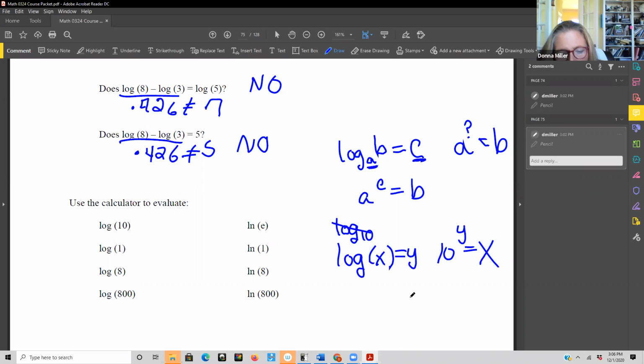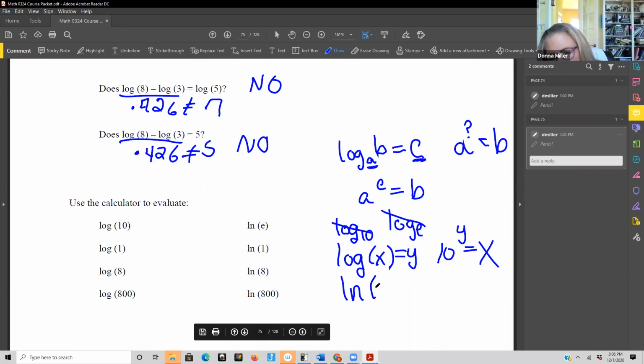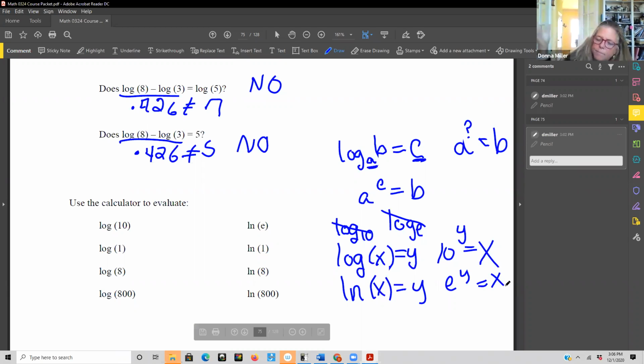Another type of log is log base e. Now, e is a number, it's 2.718, but we don't write log base e. What they write is ln. An ln undoes an e, so this undoes e to the y equals x. Remember, e is about 2.718.